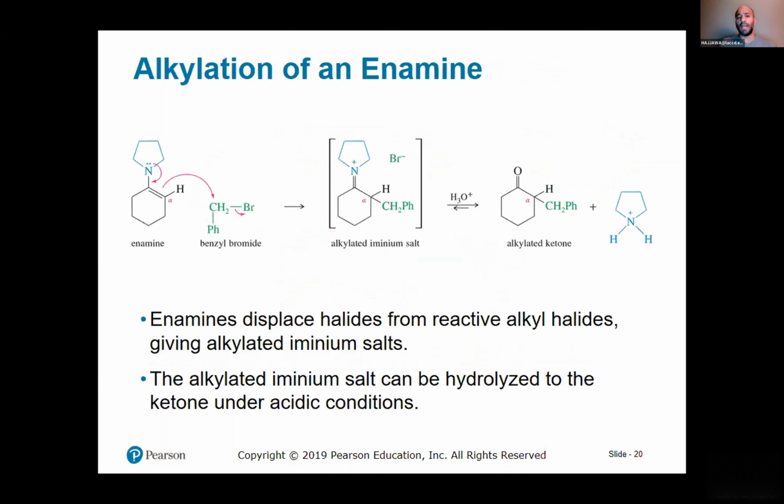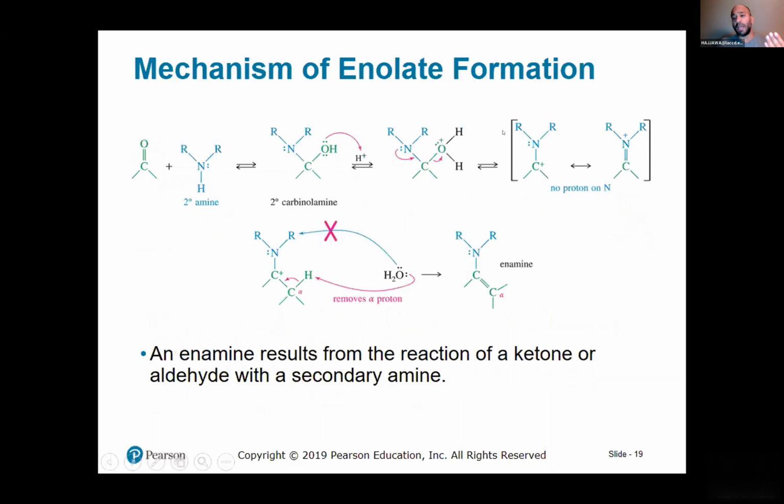Once we form that enamine, as I mentioned, the lone pair of the nitrogen delocalizes to form a C double bond N, and it pushes that pi bond to attack the electrophile. The alpha carbon will be the one that's alkylated, acylated, or halogenated. Somebody might say, okay, if it gives you the alpha carbon negatively charged, why wouldn't it just stay in that form?